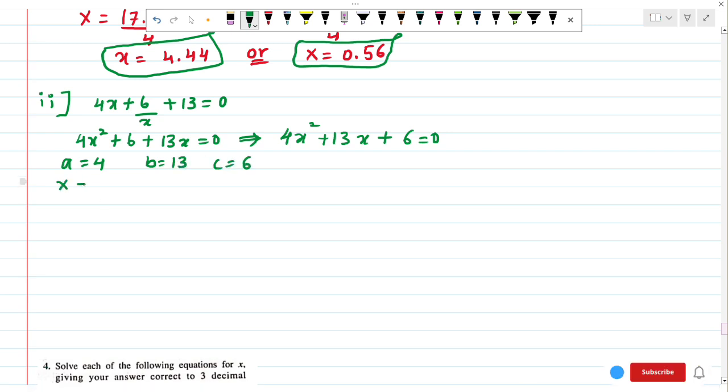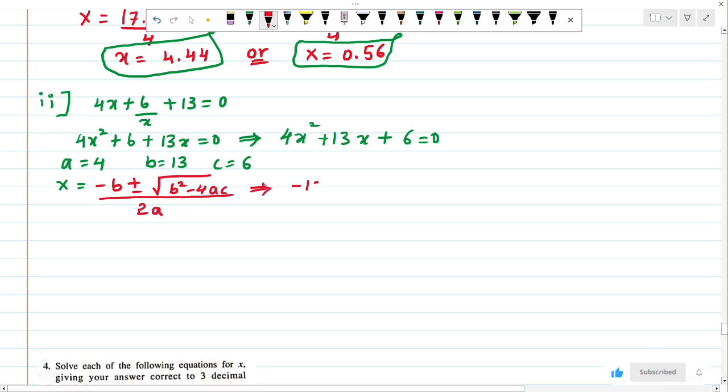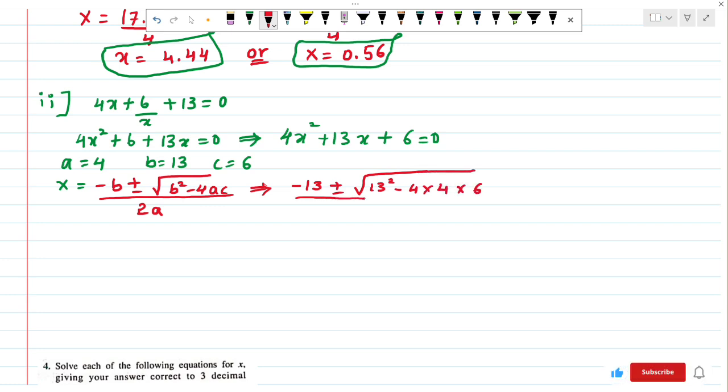So I'll write the formula: x is equals to minus b plus or minus root of b square minus 4ac divided by 2a. If I substitute the values, minus 13 plus or minus root of 13 square minus 4 into a is 4 into c is 6, divided by 2 into a is 4.